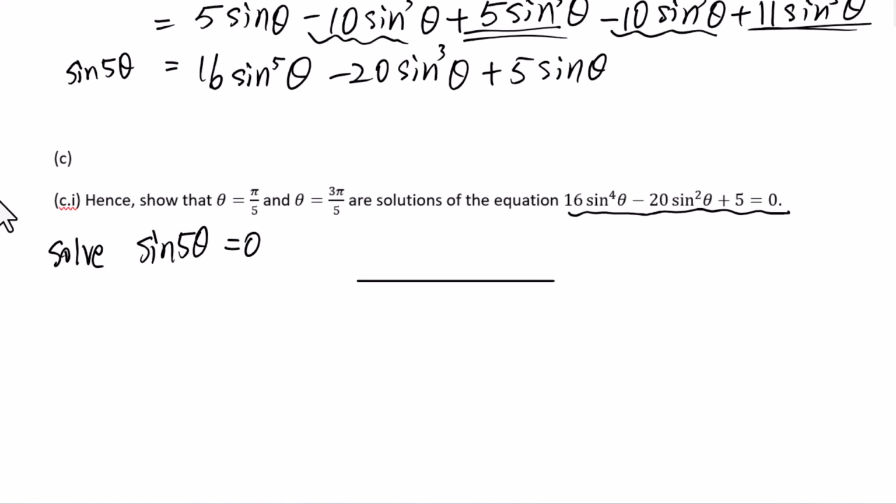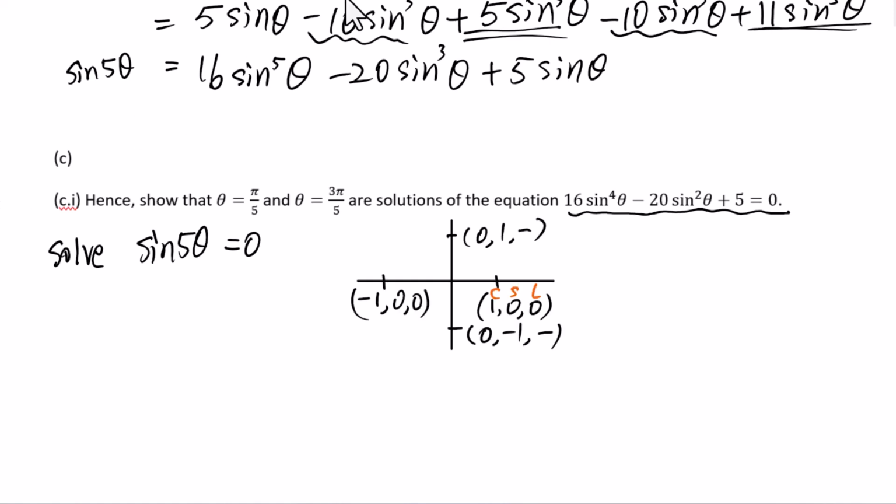Let's go to this unit circle, cos, sin. The second number is sine. We need sine equals 0. This is 0. This is π. We do know for sine and cosine, the period equals 2π.